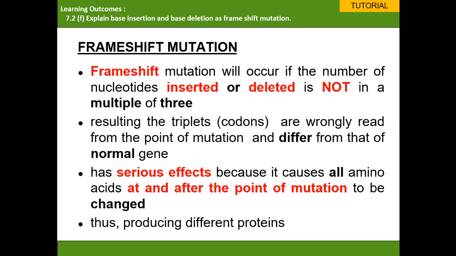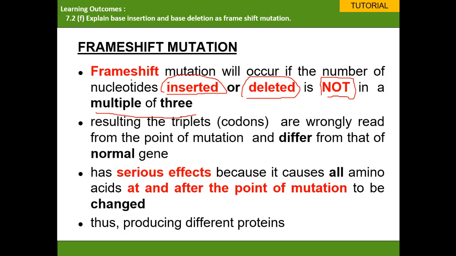Frame shift mutation will occur if the number of nucleotides inserted or deleted is not a multiple of 3. In other words, frame shift mutation will occur if we insert or delete 1 or 2 nucleotides.